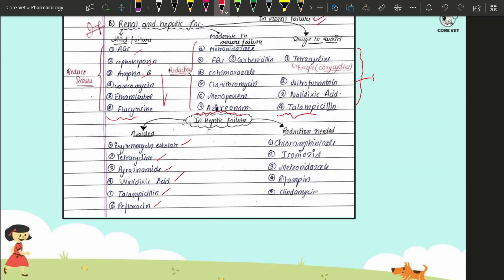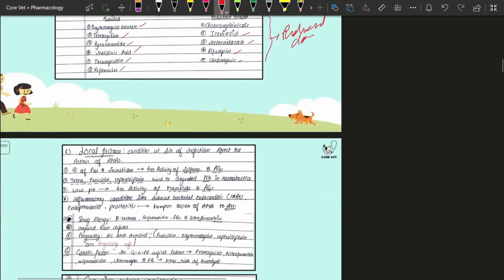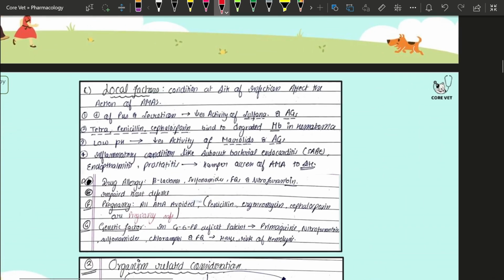And the drugs which can be used but with reduced dosage: in hepatic failure, you could use chloramphenicol, isoniazid, metronidazole, rifampin, and clindamycin, but with reduced dosage. Hope it is clear.